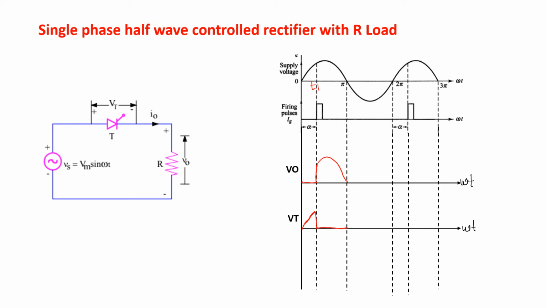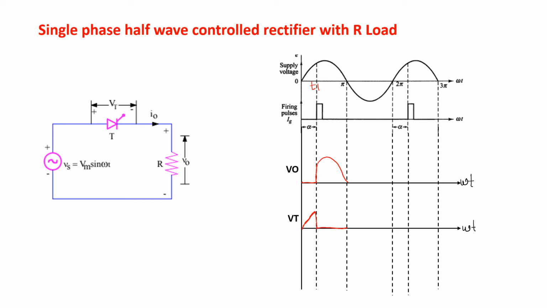At instant pi, or nearly pi, the current through the SCR is very low, and when the current through the SCR falls below the holding current, the SCR will turn off. When the SCR turns off, it acts as an open switch and no current flows through the circuit, and therefore we get 0 output voltage at instant pi.